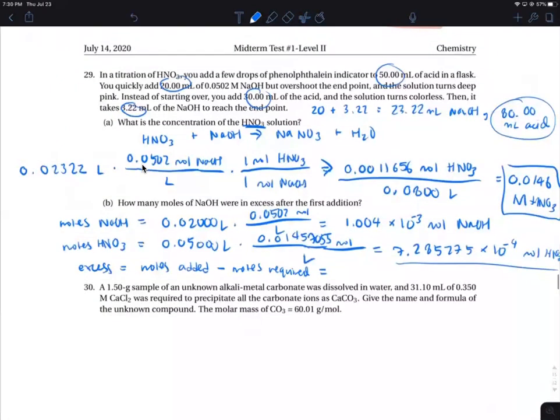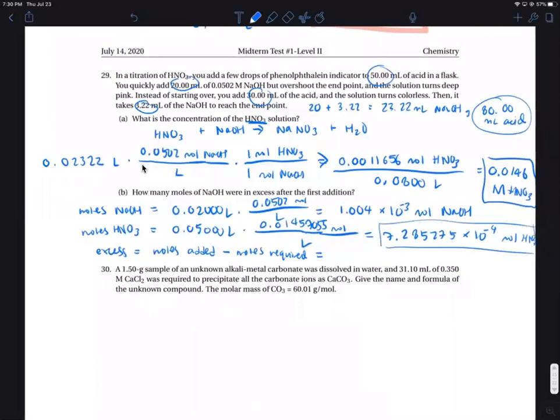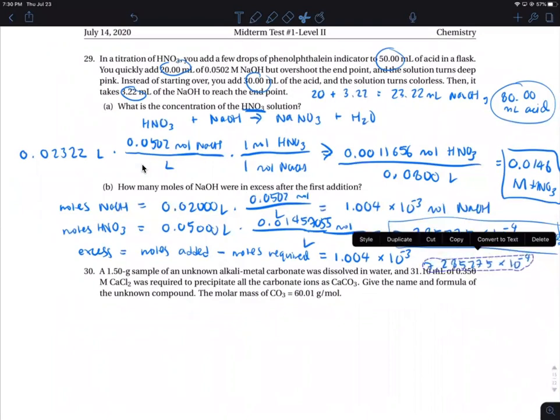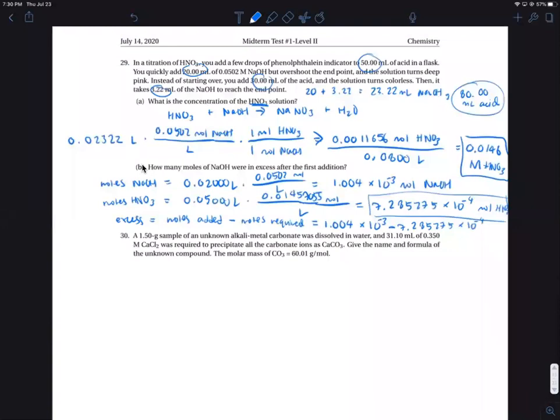So the moles required is going to match this, 7.28 times 10 to the minus 4. But the amount present was 1.004 times 10 to the minus 3. So we just find the difference. We should get around 2.8 times 10 to the minus 4 moles NaOH.